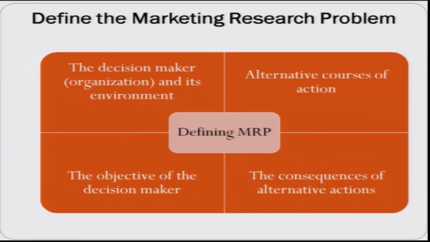Then, as I have already talked about, what are the alternative courses of action, and an important thing, the consequences of alternative actions. If you exercise one particular alternative, what could be the outcome? Each of these alternatives will have its share of resource requirement, and will lead to a particular kind of market consequence.